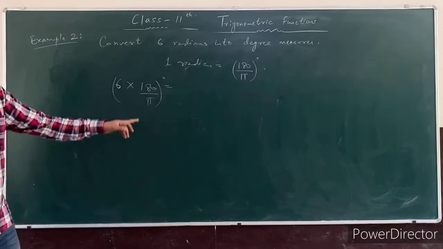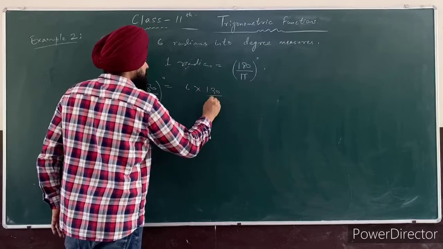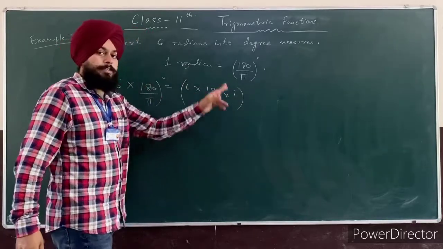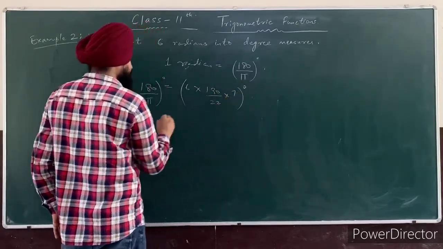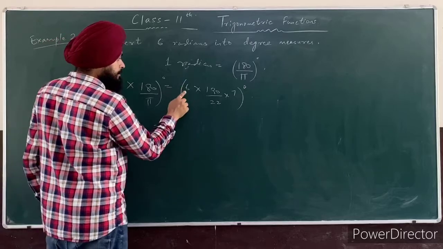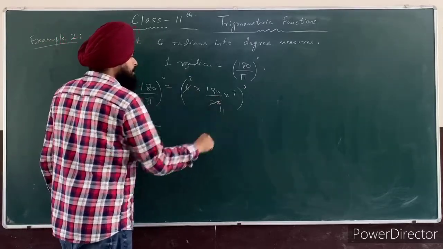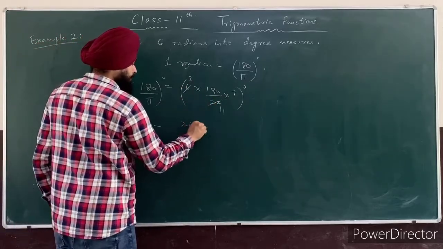Now we have to put the value of pi, that is 22 by 7. 22 by 7, so 7 becomes the reciprocal. Now you have to cancel 6 and 22 in the table of 2. 2 threes are 6, 2 elevens are 22. That is 3 sevens are 21.